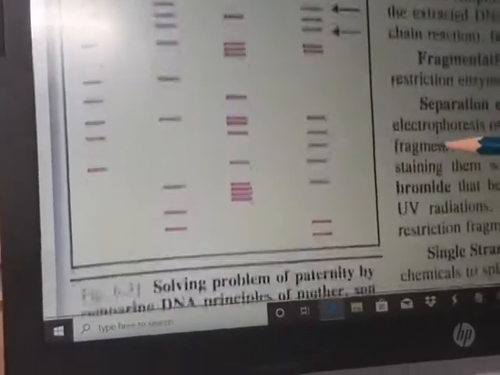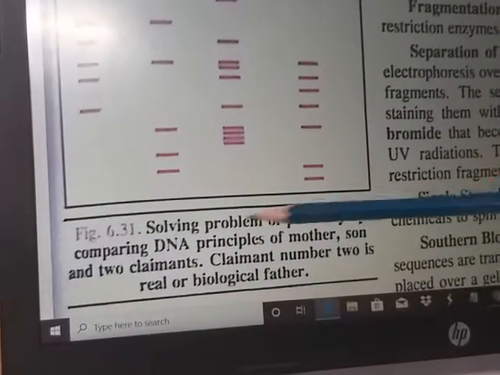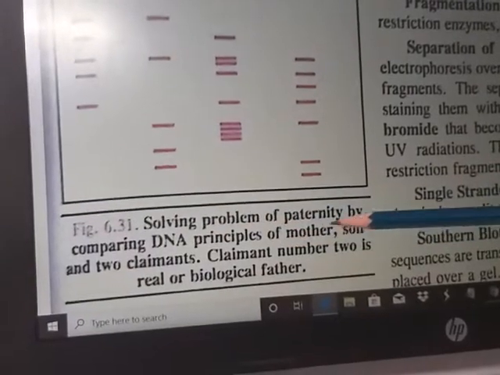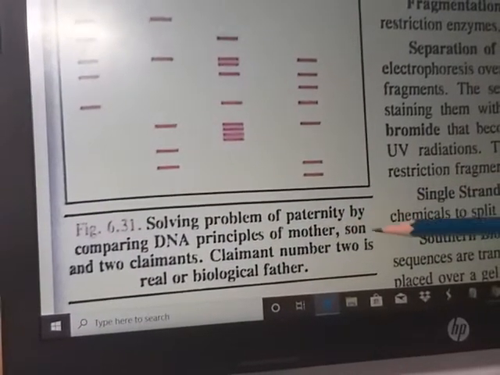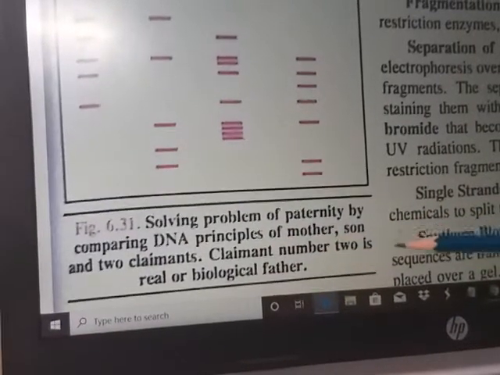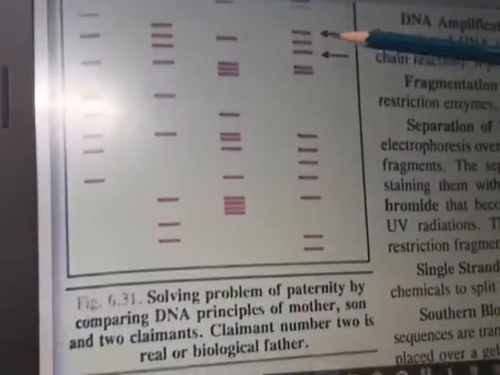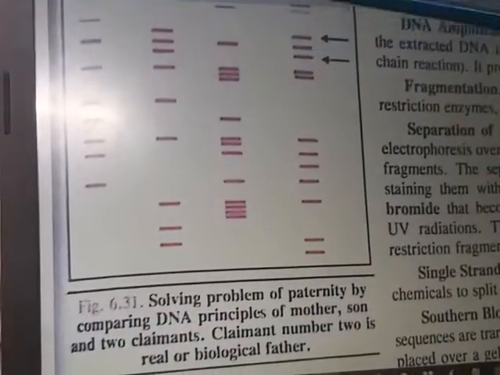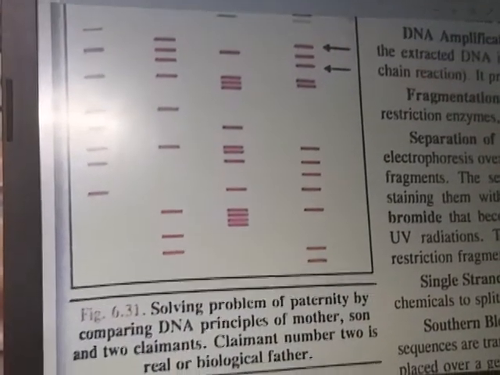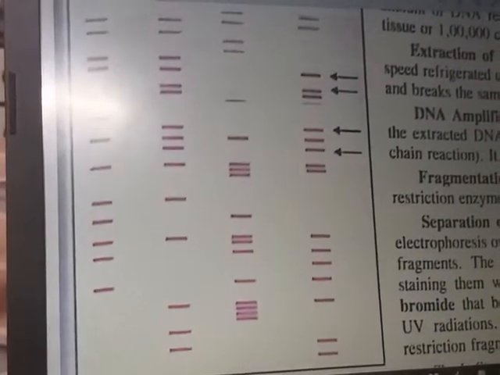So in the result, solving the problem of paternity by comparing DNA of mother, son and 2 claimants, claimant number 2 is the real or the biological father. See this band matching over here, this band matching over there, and likewise you can see in this case.